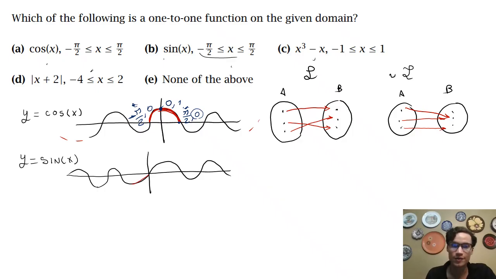So the chunk of the function will be something like this. This is the point 0, 0. This is the point of pi divided by 2, and y will be equal to 1. This point is minus pi divided by 2, and y will be equal to minus 1.